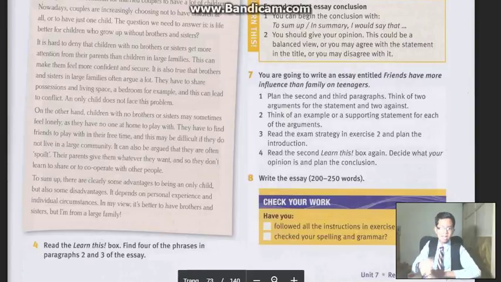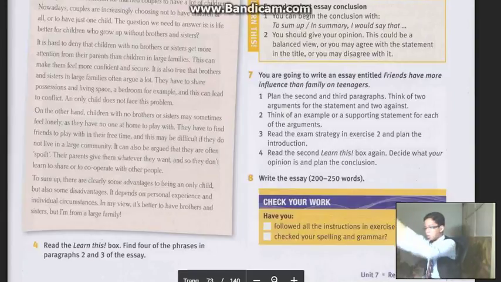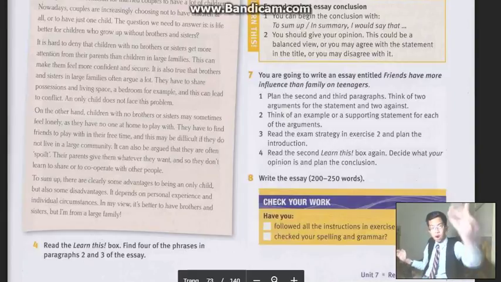And then plan the introduction. Read the second learner's box again. Then decide what your own opinion is, and then plan the conclusion. So remember, first you put the opening part, then the middle part, then the conclusion part, but think of the second and third paragraphs first.